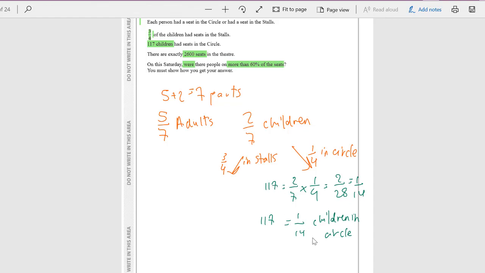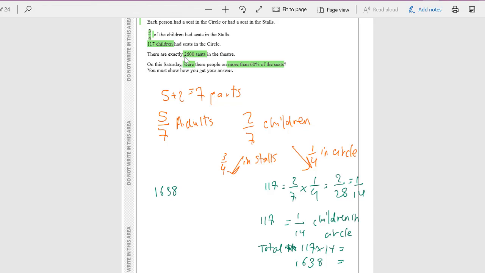So that means if we want to find out the total number of people, it's going to be 117 times 14, which gives 1,638. So come back here, 1,638.